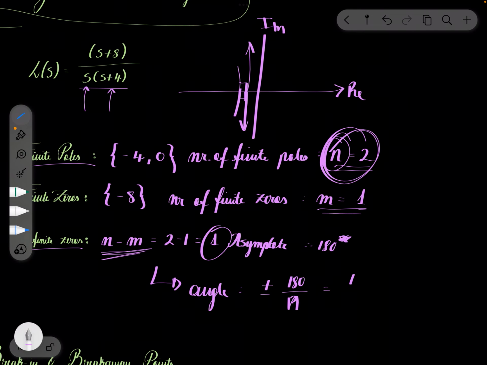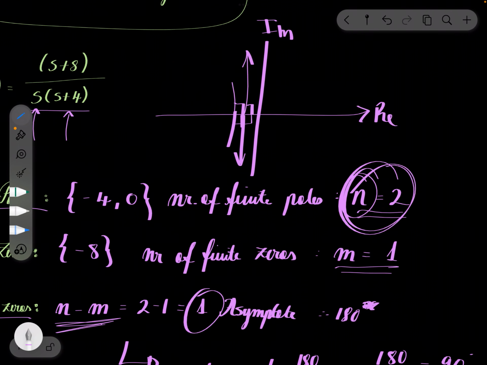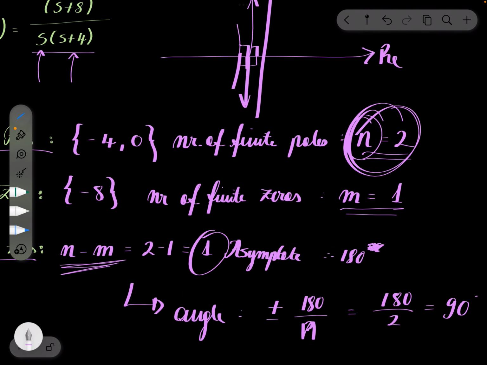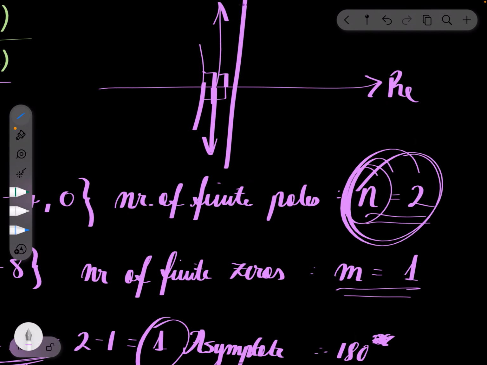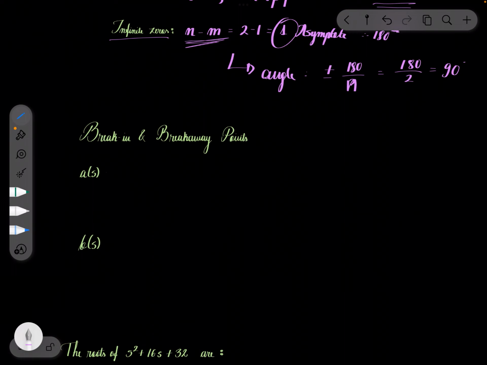In this case, we have 2. So 180 over 2 equals 90. So we know that 90 degrees is the angle at which they leave the real axis. Complex conjugate poles go in the opposite direction. We'll see this later on.